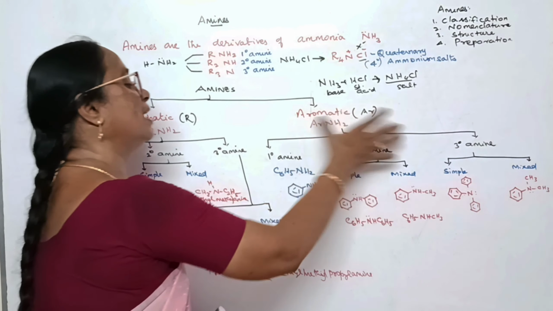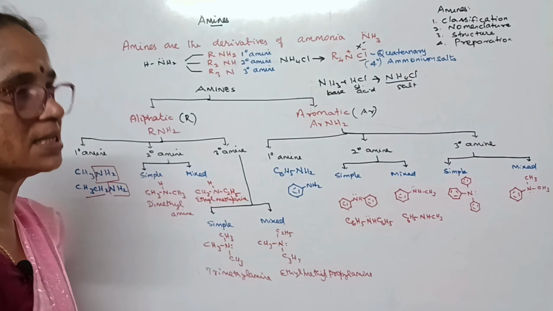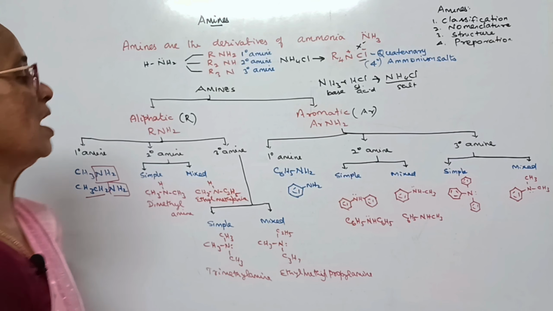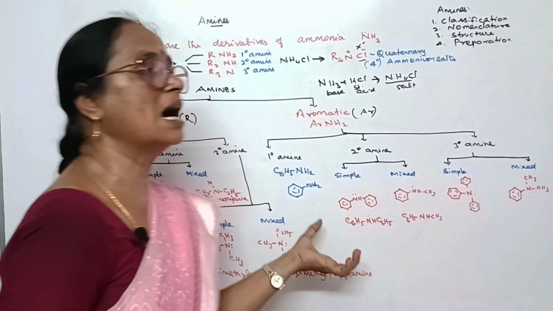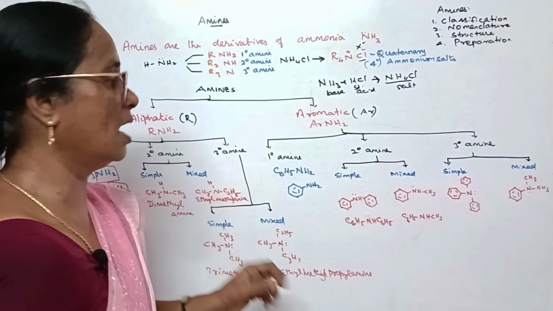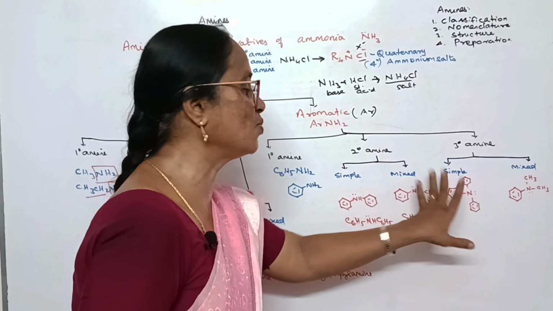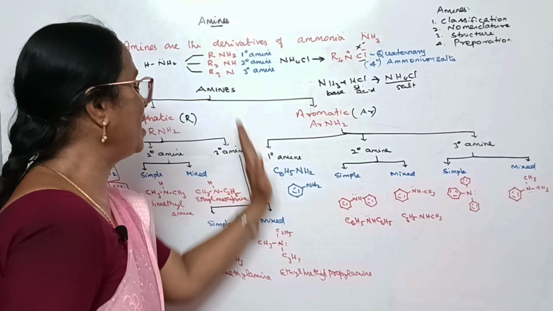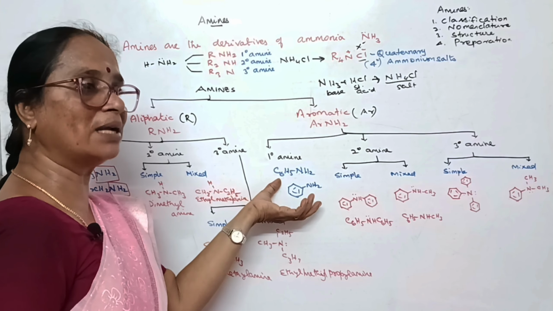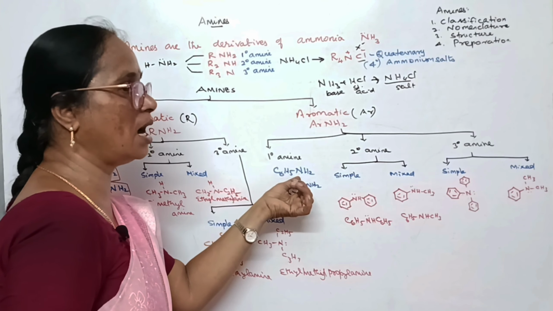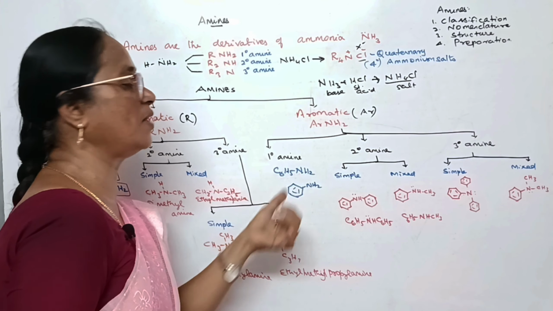Similarly, aromatic amines are also classified as simple and mixed. In simple amines, only aryl groups are present, but in mixed amines, it can have an aryl group as well as an alkyl group. So a primary amine can have only one ring on the ammonia. So we are getting C6H5NH2.